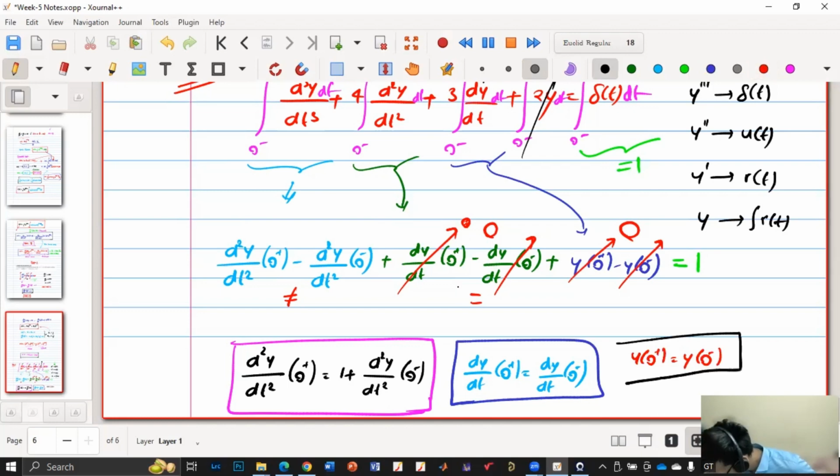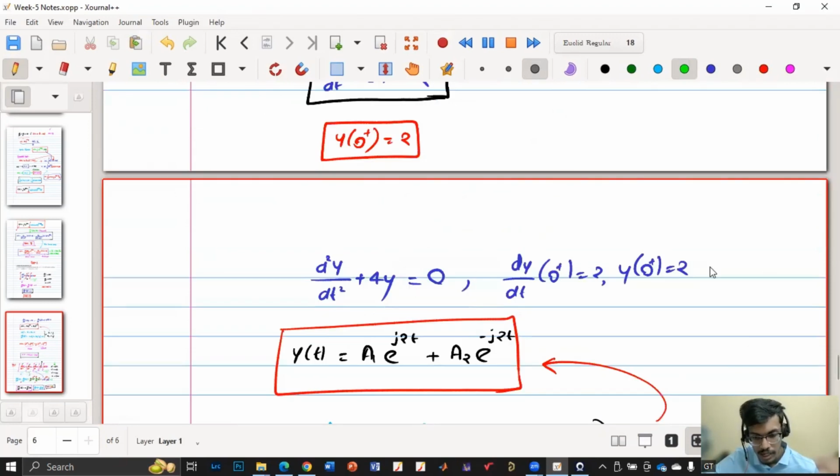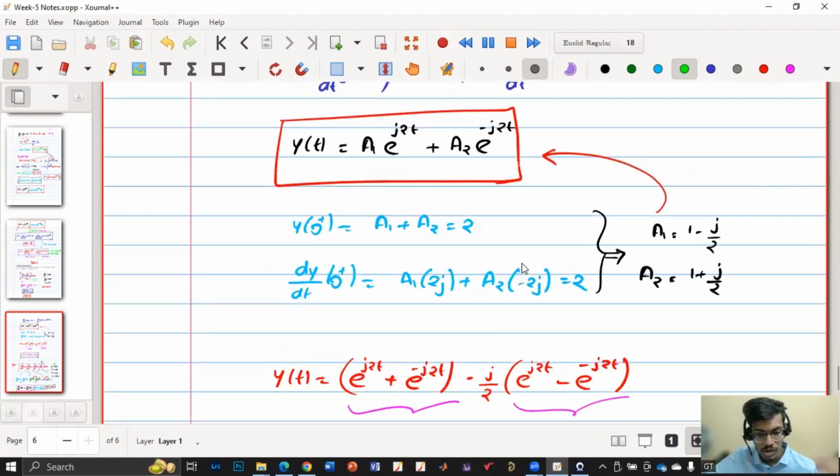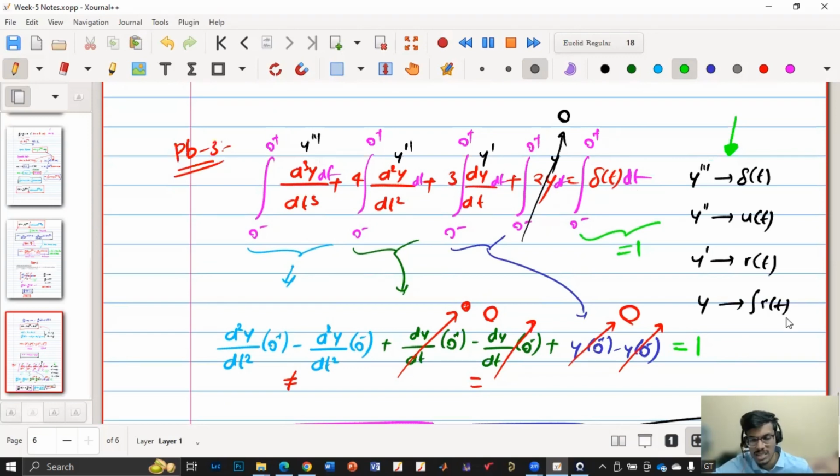So they will be giving these conditions, because we have the 0 minus boundary conditions. From there we can calculate the 0 plus boundary conditions, and then we can reform the circuit in this format. The way we have solved here, you can also solve this problem. You just have to understand which terms will become 0 and which will not, and by following the same procedure, you would be able to do that easily.